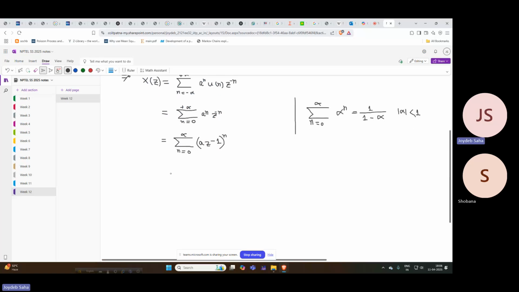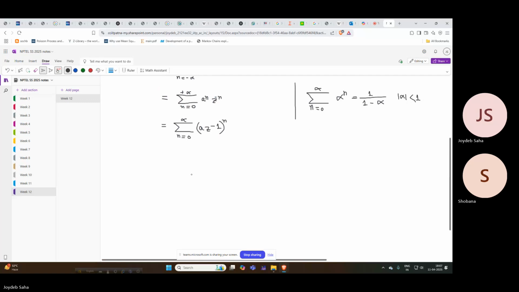The same thing we will get here: 1 upon 1 minus (a z inverse) to the power n.